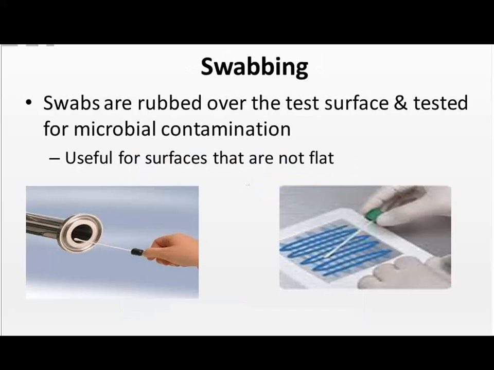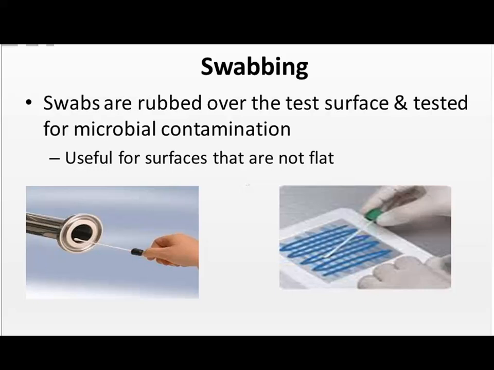For your swabbing, typically swabs, again, are going to be sterile. They're going to be dipped in a neutralizing agent, something like sodium thiosulfate, to neutralize any types of cleaners that may have been on the surfaces that may have been used to clean. And then you're going to hold that swab between your thumb and your forefinger, rolling it and moving it sideways in a 2x2 or a 4x4 square, so that you're getting a good sample of that area.